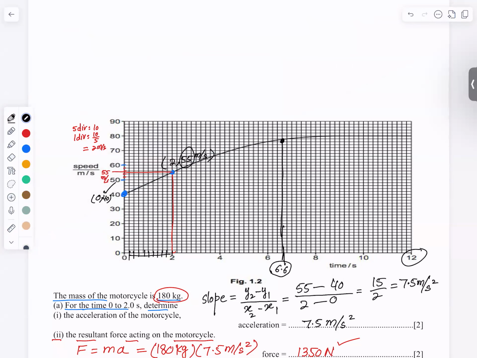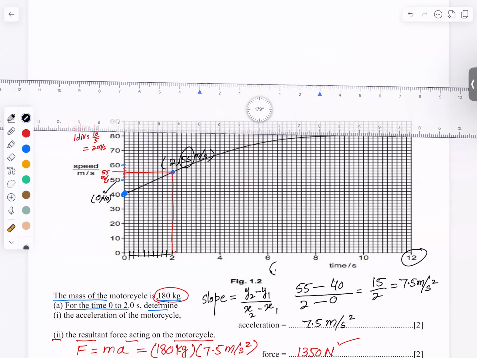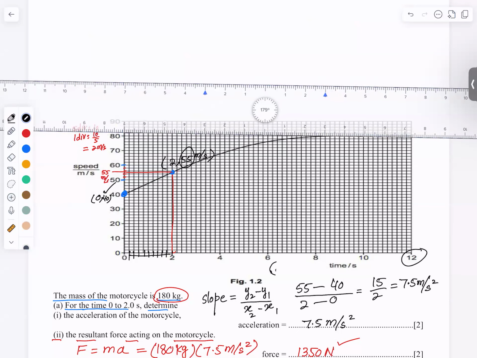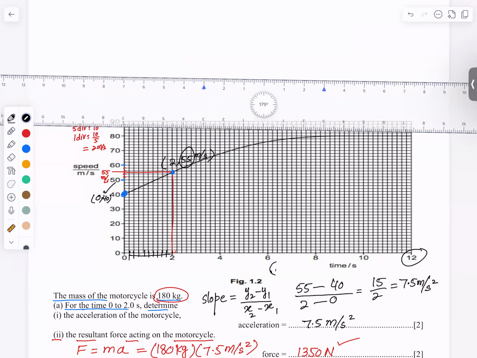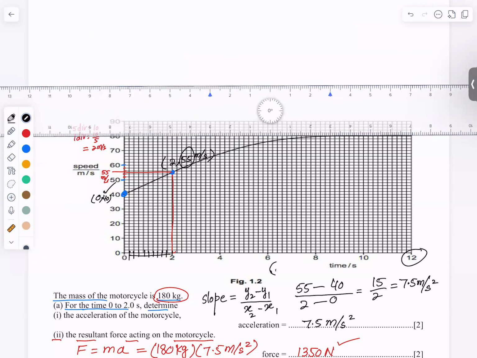After 6.6 seconds, no, it's not a straight line after 6.6. It's a straight line before that. We have to see with a ruler basically. So observing with the ruler will be a good idea. So I think the line is straight up to this point.